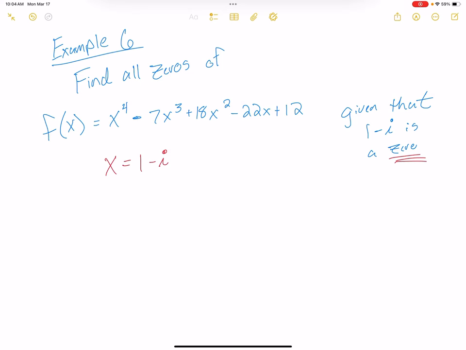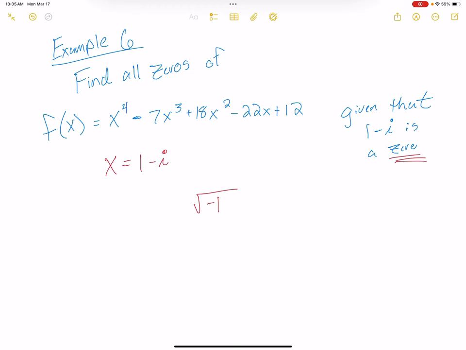Well, according to the complex conjugates theorem, anytime you have an imaginary or irrational solution, there's always two of those, right? If you think about how we get i's in the first place, i is just the square root of -1. But remember, if you think about the quadratic formula, when you take the square root, it's not just one square root.